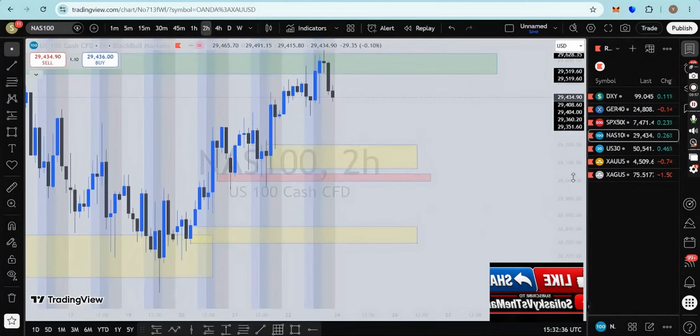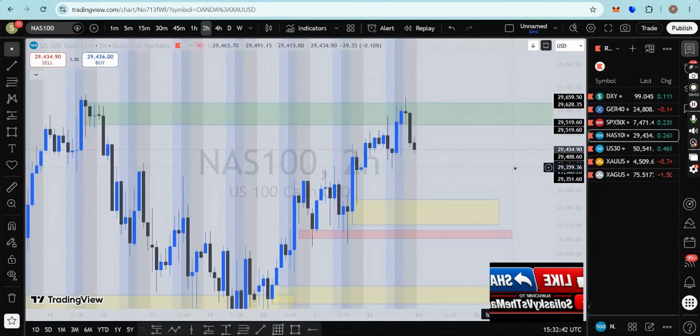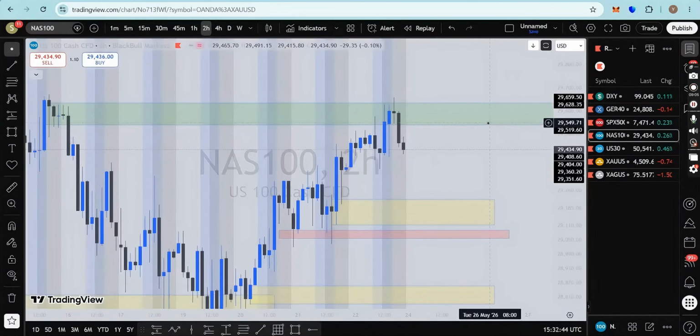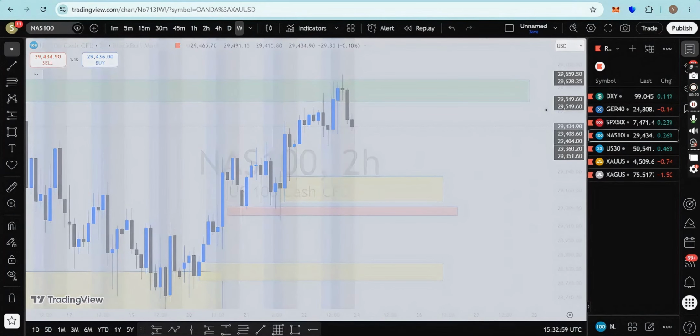Why do I have green, yellow, and red rectangles on my pair on the Nasdaq 100? The green means my supply zone. The yellow I use as my demand zone. While this reddish one, I use it for marking support and resistance, just as I did with the Nasdaq 100 on the weekly time frame.